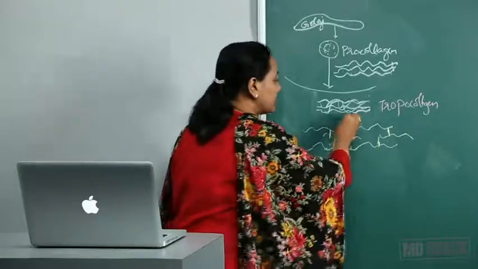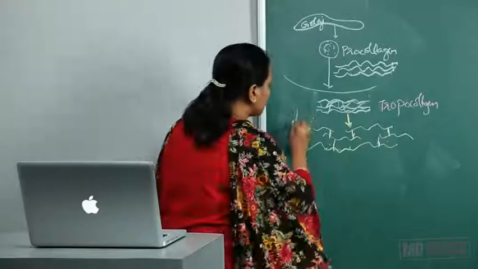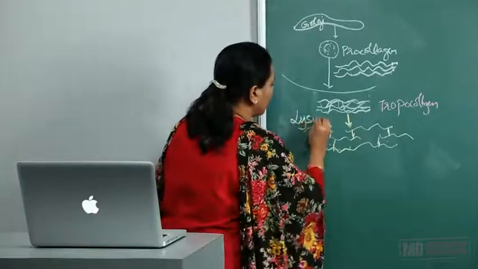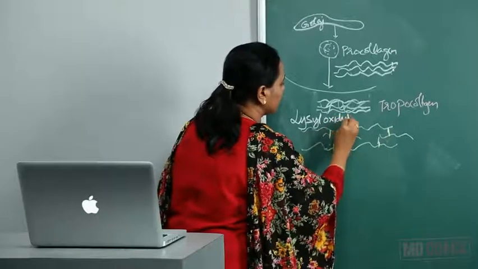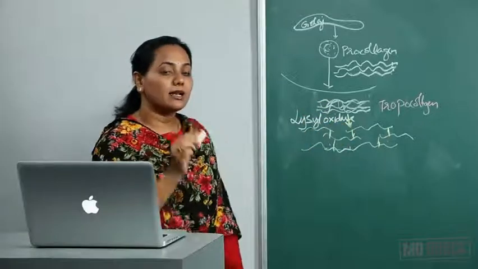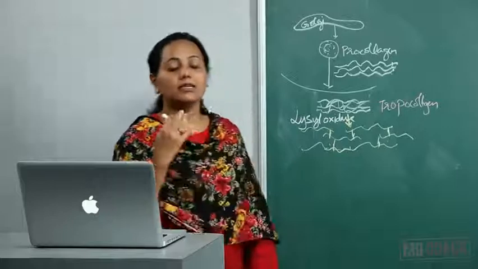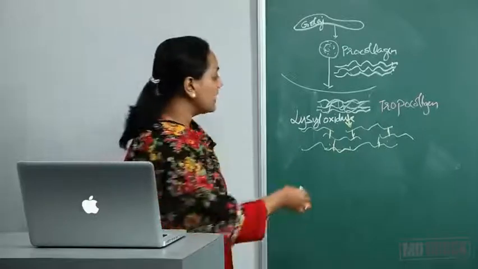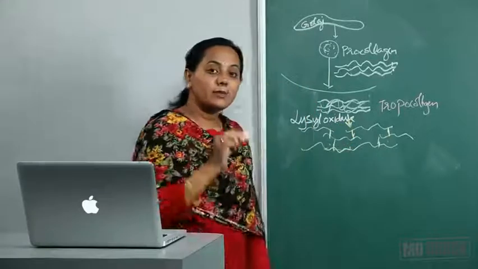And this enzyme that is required here is called lysyl oxidase. This lysyl oxidase is different from the lysyl hydroxylase, which was responsible for hydroxylation of the pro-alpha chains. Lysyl oxidase is in the extracellular space, whereas the hydroxylases were in the endoplasmic reticulum.